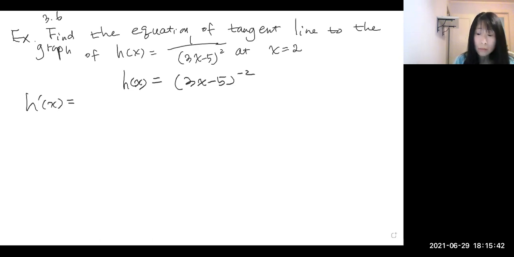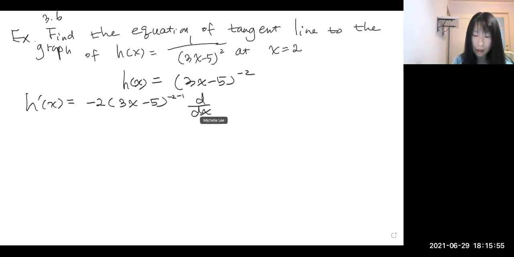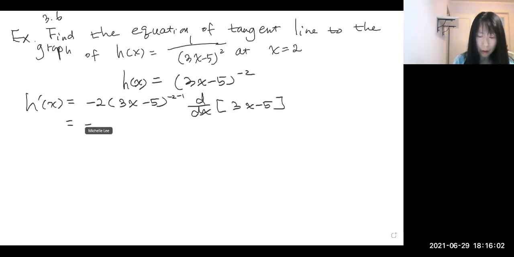-2 times the quantity 3x minus 5 to the -2 minus 1 power. Then whatever is inside, x is inside, right? So we do the derivative. Okay, then what do you get?